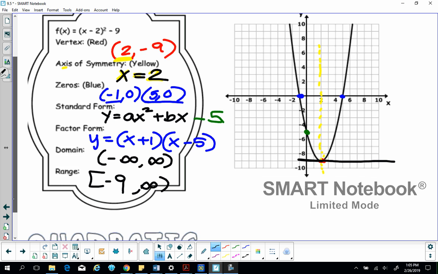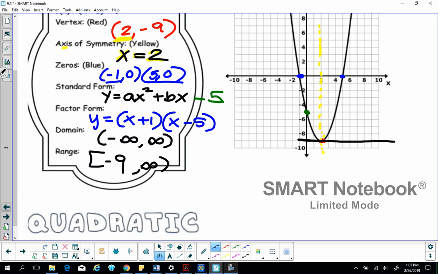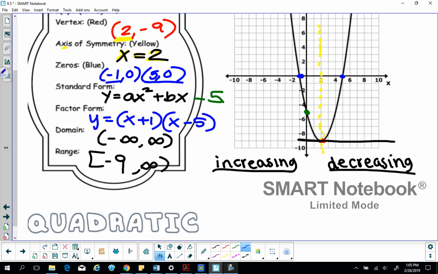Now, this is one you guys forgot a lot when we were learning it: increasing and decreasing for this one. It might make more sense now that we've gone through all the other units.